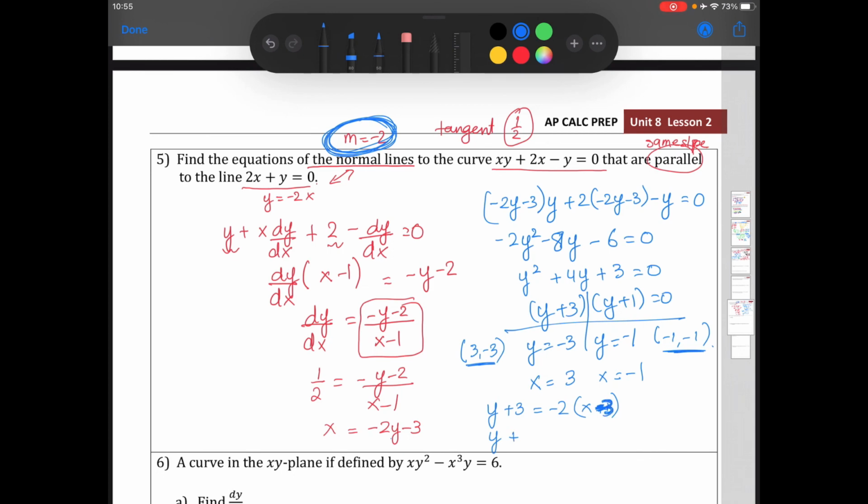And this would be y plus 1 equals -2(x plus 1). So these are your 2 equations. I'll just fix that. Right? So that is for this point, and that is using this point. So that's how you would do these questions.